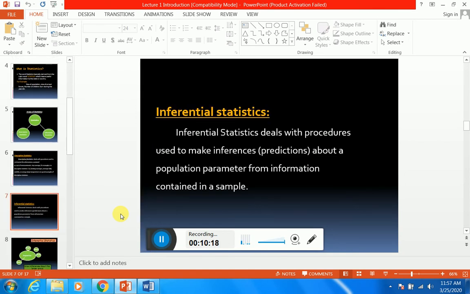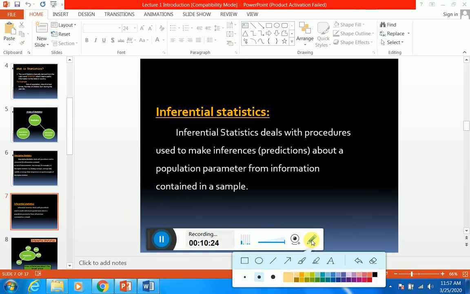After that, we have another type which is known as inferential statistics. Look here, the word inferential. Now the word inferential basically means simply making some conclusions, drawing some conclusions, making a result for the population data, simply stated parameter, on the basis of the sample study.